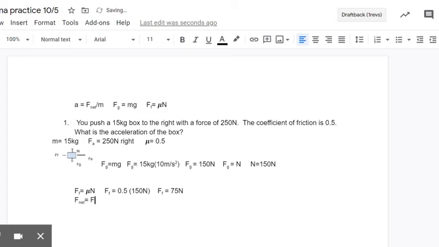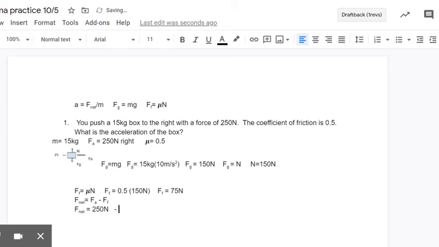Fa, a lot of typos, but that's fine. Minus F F. And why am I subtracting it? Because the Fa is to the right and the Ff is to the left. So now I have my F net is equal to the force applied was 250 newtons.